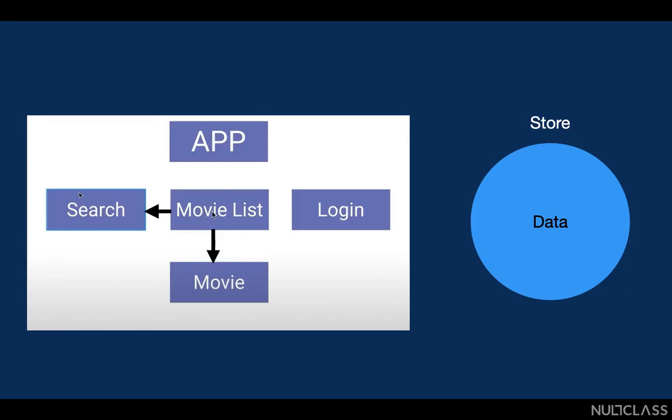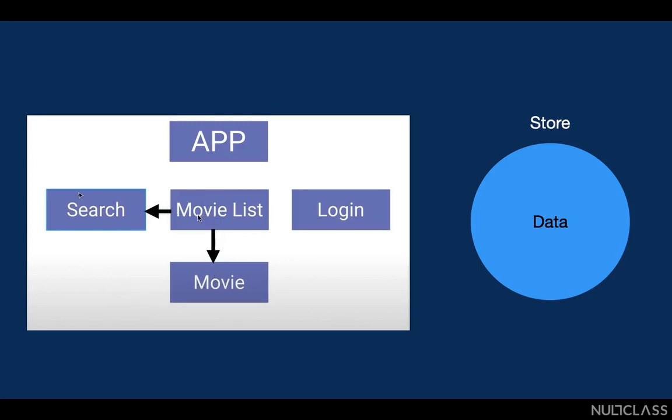If the movie list further has a child component called movie, then the data in the movie list could be used only inside this movie. It couldn't be used or passed on to search. If I want to use this movie list data in search, I couldn't do that in React, because the data flow direction in React will only be in the downward direction.